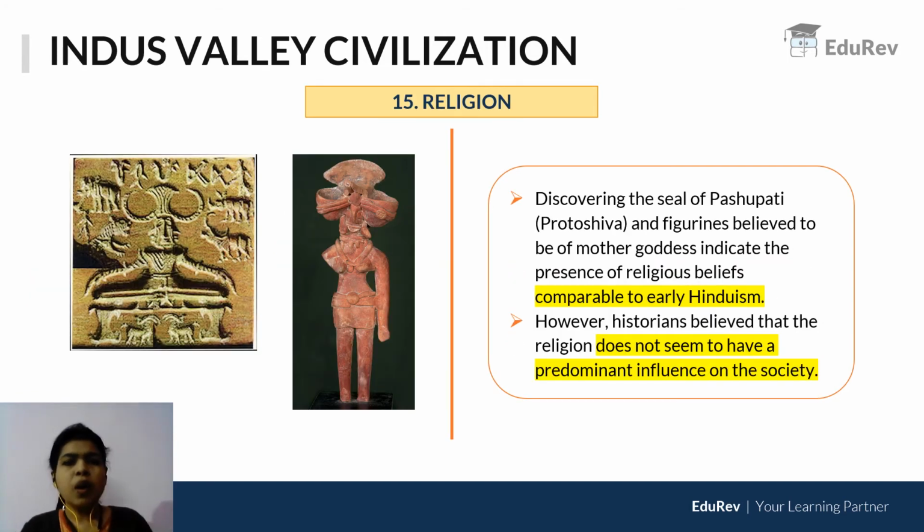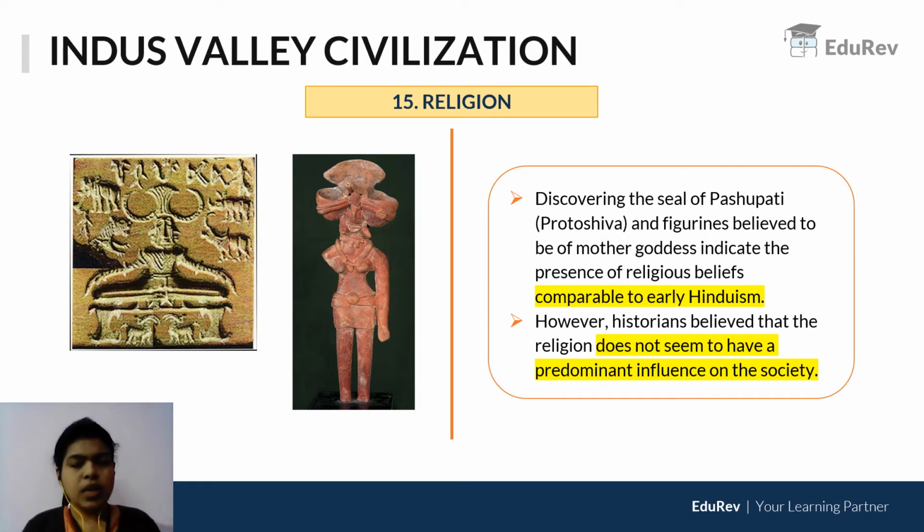And then coming on to something very important: religion. Though the Harappans did not give as much importance to this aspect of religion, there is still some prominent information that we can observe from the seals and statues that were found.